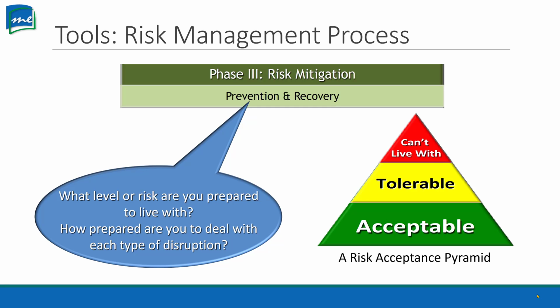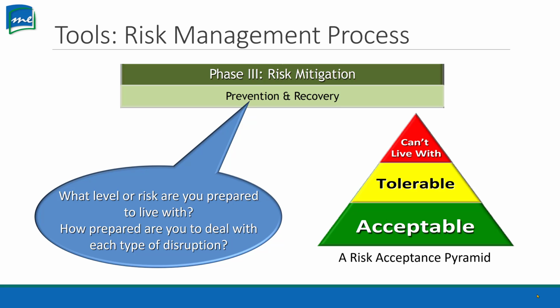So what level of risk are we prepared to live with? If we're in our hometown, are you prepared to live with the risk of an earthquake happening at any time? Is that something your company will accept? Or does your company say, okay, we can't live with this, we're going to move our company?